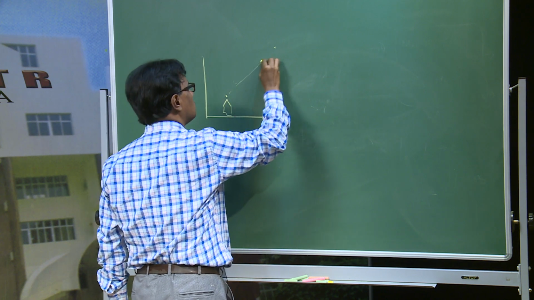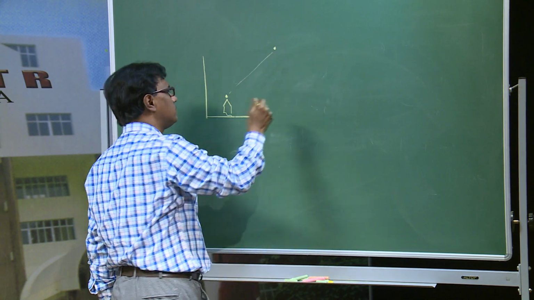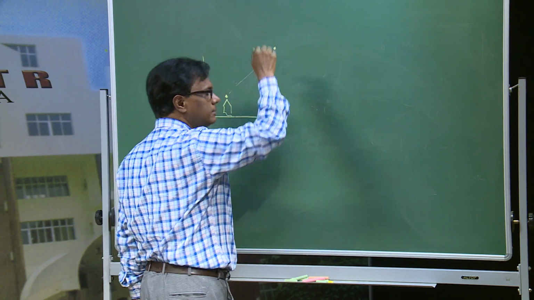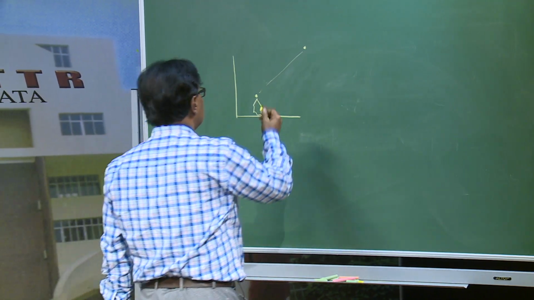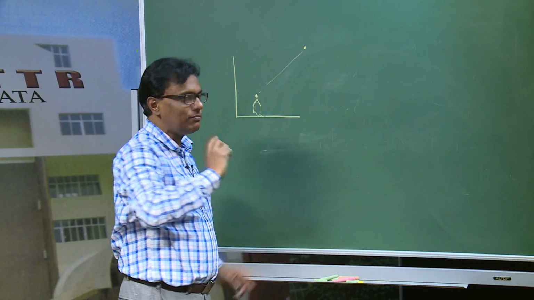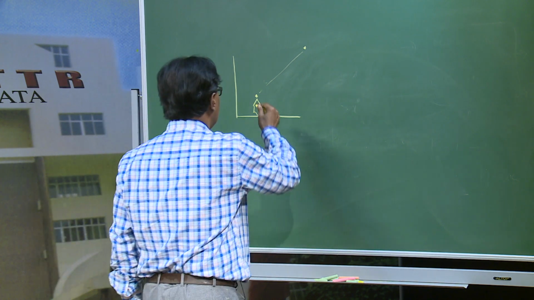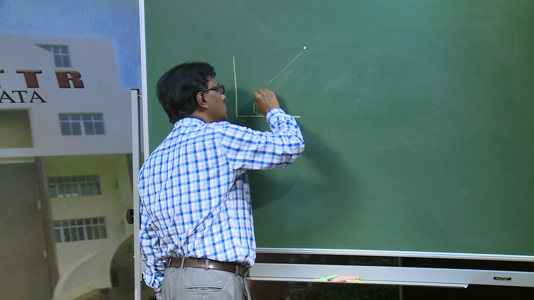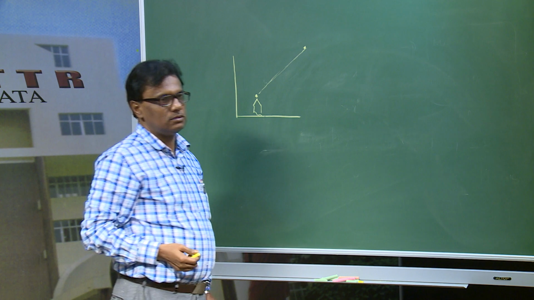Once you put the coordinate system here, how will the tool go? First you have to understand how this path is achieved.